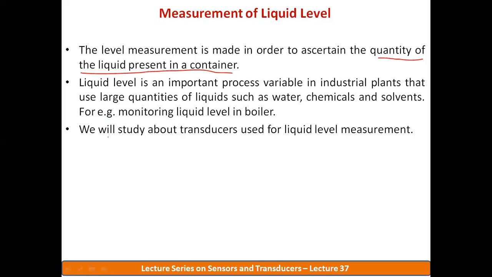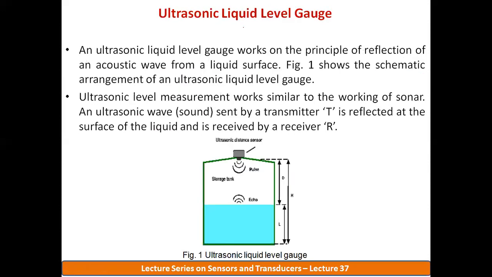Here we will be studying two types of such transducers. The first one is the ultrasonic liquid level gauge. The word ultrasonic is used because it uses ultrasonic waves for measuring liquid level. An ultrasonic liquid level gauge works on the principle of reflection of an acoustic wave from a liquid surface.